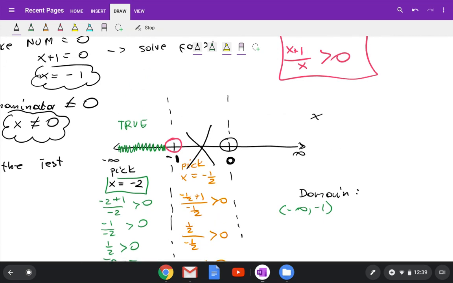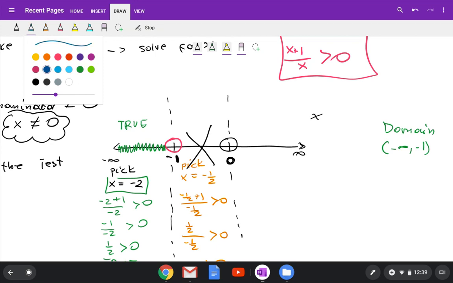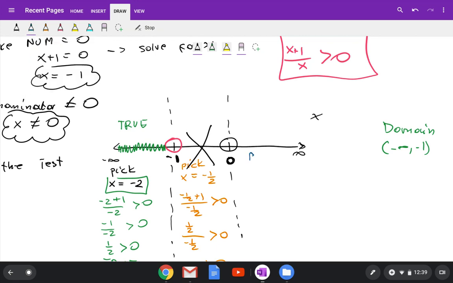And the last one. Originally we got the domain from negative infinity to negative 1. And now I'm going to test the last interval from 0 to infinity.